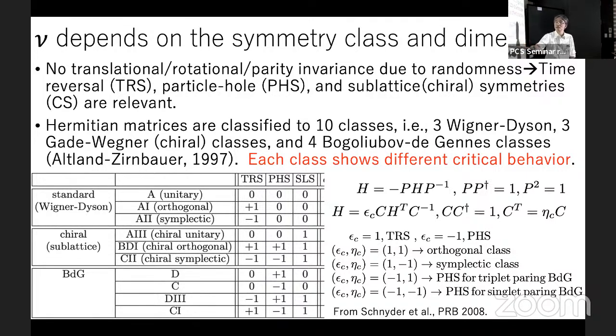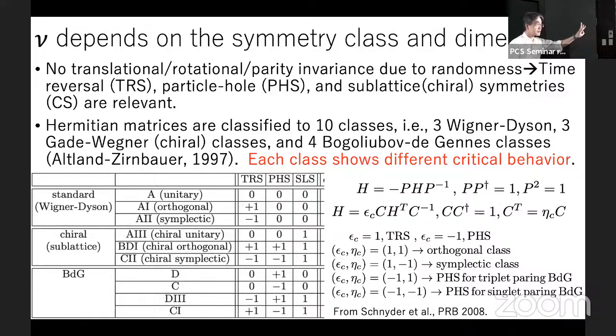That corresponds to class A. And if we add time reversal symmetry, plus or minus, it corresponds to whether this unitary matrix P is symmetric or antisymmetric. So we have 3 possibilities: time reversal symmetry is absent, plus 1 or minus 1.